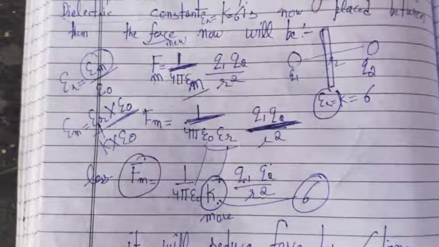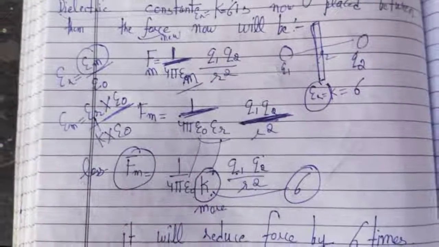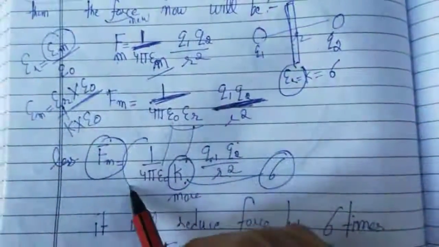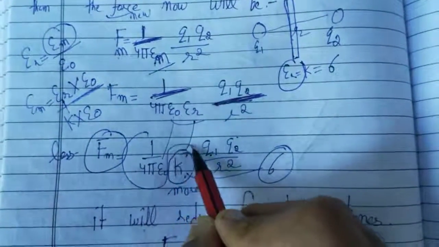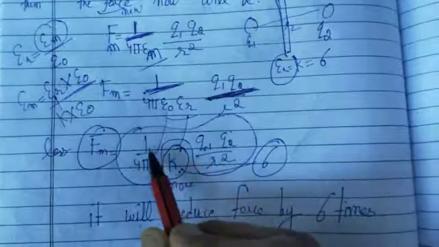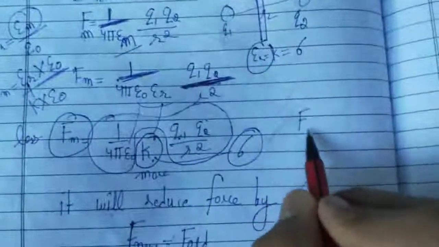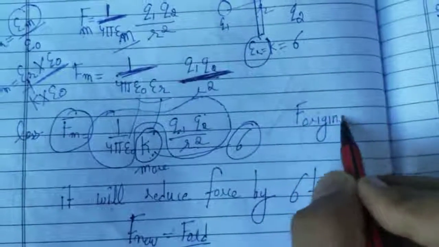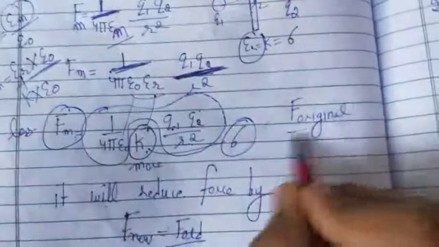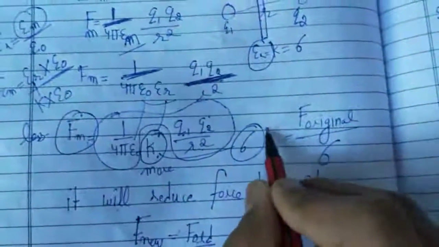So the original force is going to decrease by 6 times. So this is the original force, 1 upon 4 pi epsilon naught q1 q2 upon r square. So this is F original. So what is this? This is F original upon 6. This will be F now.